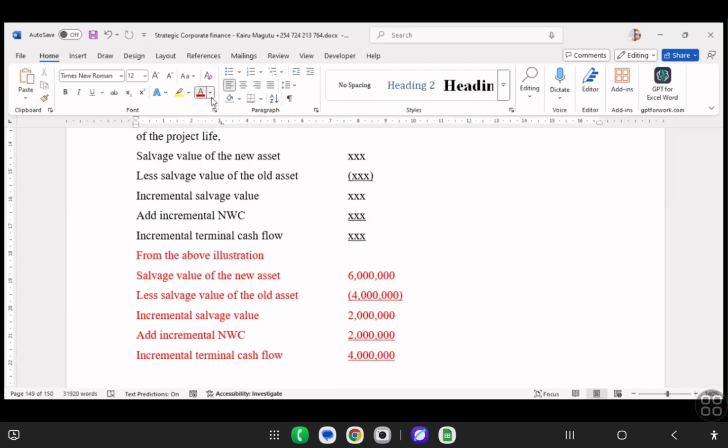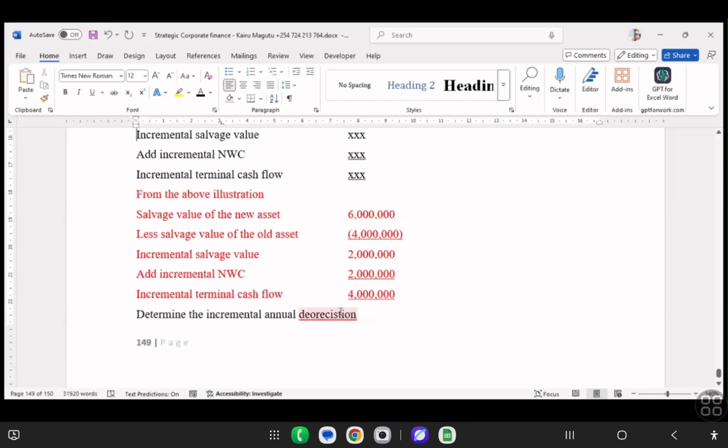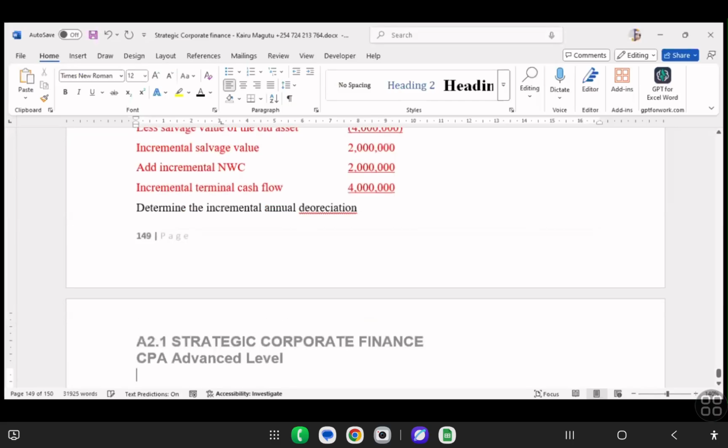And the next item, we determine the incremental annual depreciation. How do we get the incremental annual depreciation? It is the annual depreciation of the new machine, we less the annual depreciation of the old machine.